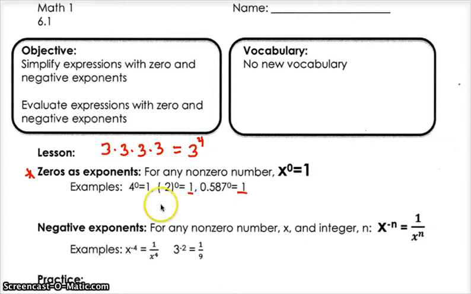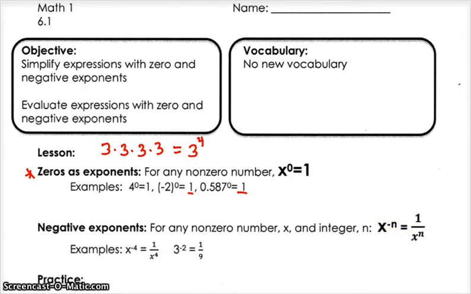An example of this would look like this. X to the negative fourth is equal to 1 over x to the fourth. X to the negative 2 is then equal to 1 over 3 squared, which is equal to 1 over 9. So you can see that if I have a negative number as an exponent, it gets put into the denominator.